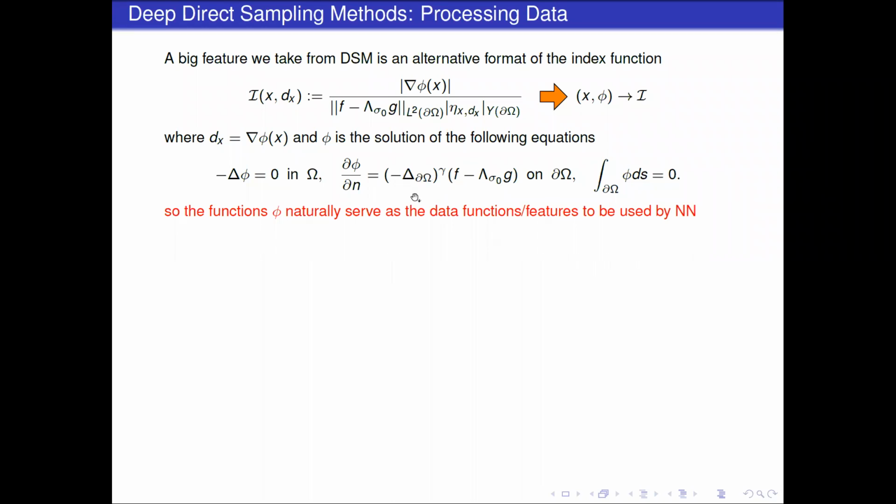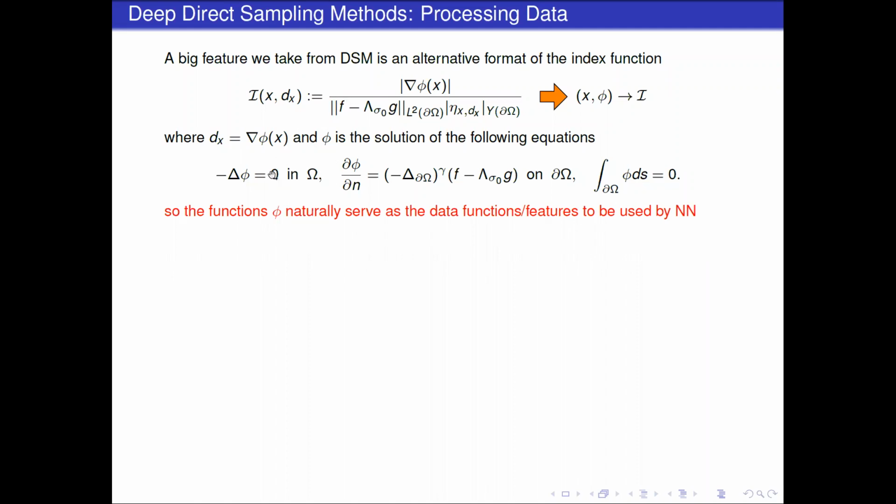But for simplicity, let's just consider gamma is 0, so there is no such operator. In this case, phi is nothing but the harmonic extension of the boundary data. We can compute it and evaluate the gradient at each point to get the index value.